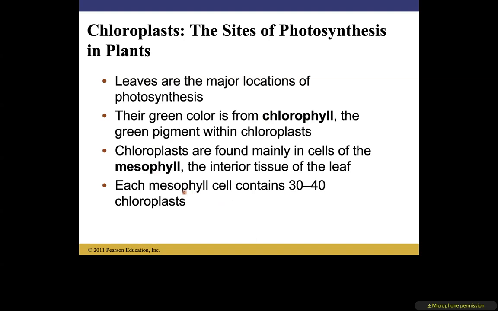Mesophyll is a tissue made up of mesophyll cells, and each mesophyll cell contains about 30 to 40 chloroplasts. It is in those chloroplasts that you find the pigment chlorophyll. It's a green color pigment, and that pigment is what allows the chloroplast to sequester the solar energy.